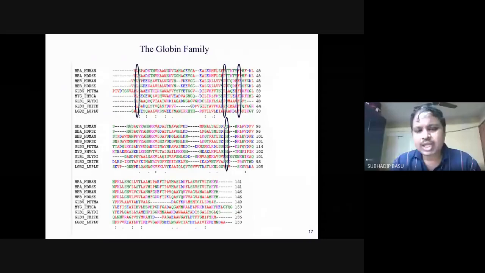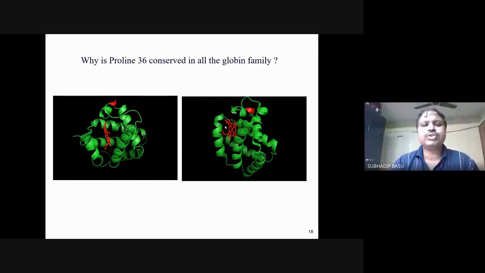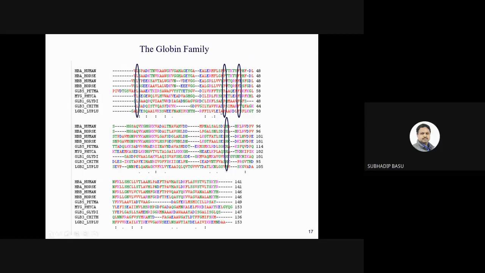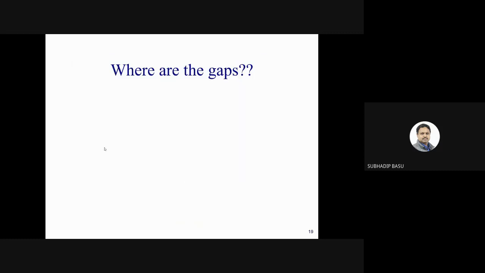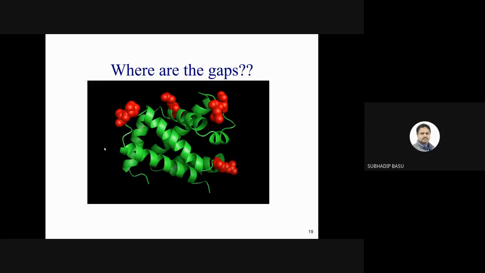We need to sometimes see what these regions are, and why proline is conserved across the globin family, even if the structures are completely different. All these queries come into the picture.